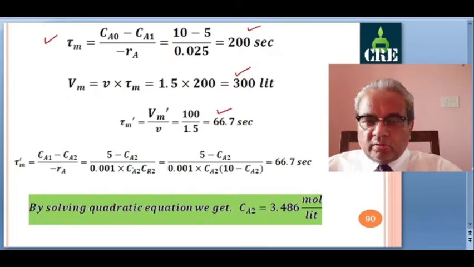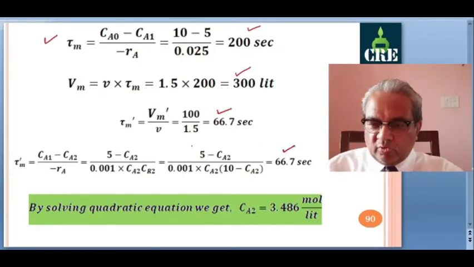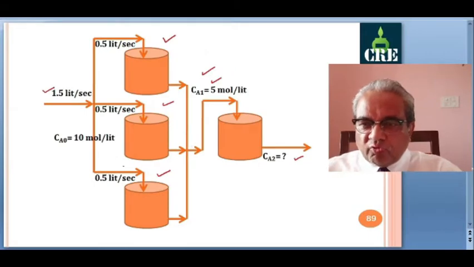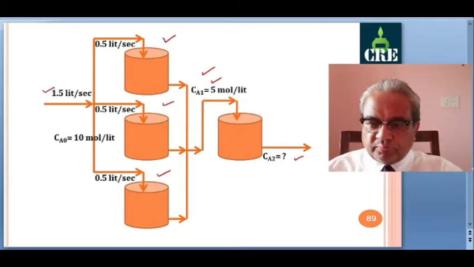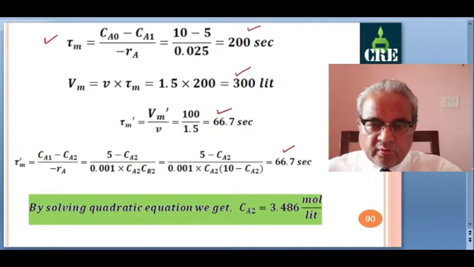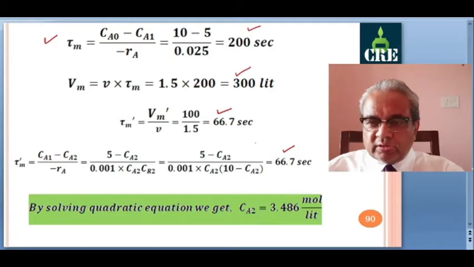Okay. So if I use this, in 100 liter, this is again 66.7. So what I am doing is, I am using this fourth reactor of 100 liter volume, same. So Ca1 to Ca2. For this reactor, I know tau in this mixed flow reactor is 66.7, because it is again 100 liter.